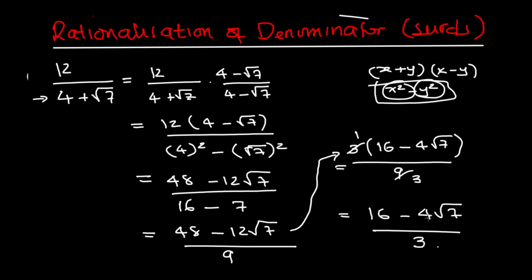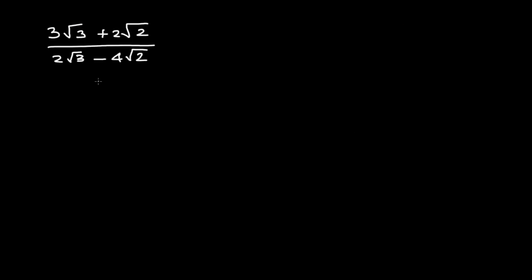This way, we would have taken care of this radical; it is no longer there at the bottom. You can factorize if you want to, 4 root 7 over 3. It's the same. As long as you got to this point here, I think you should be fine. Okay. This is the third example.